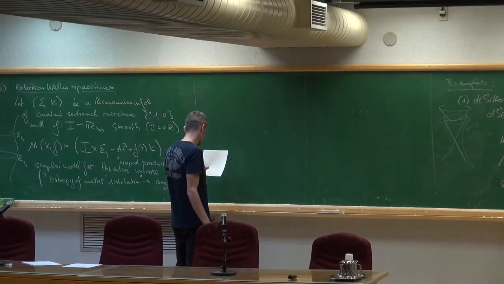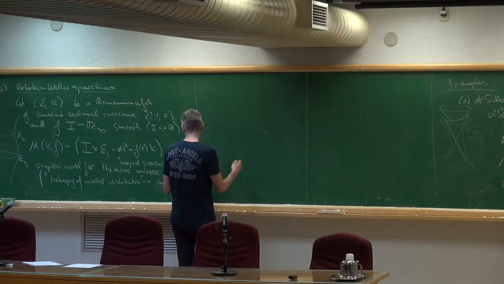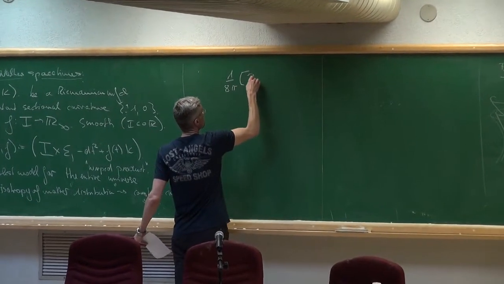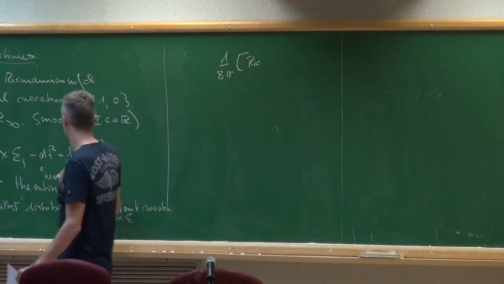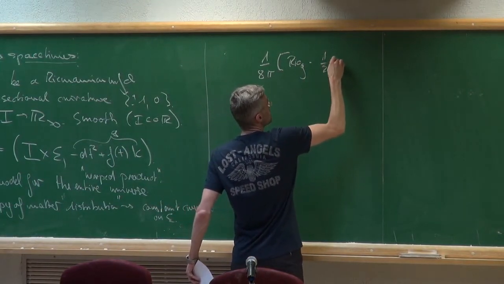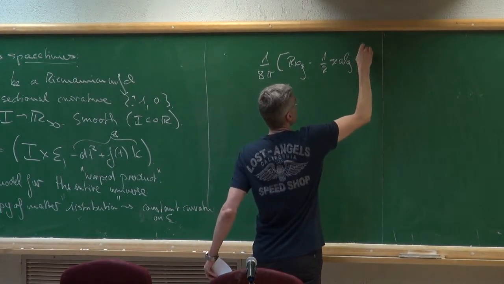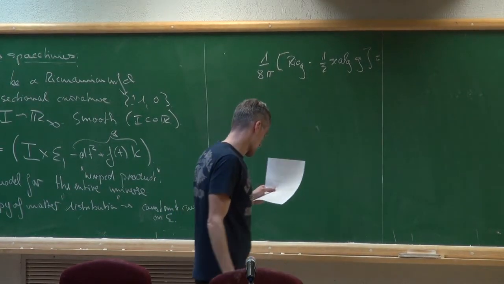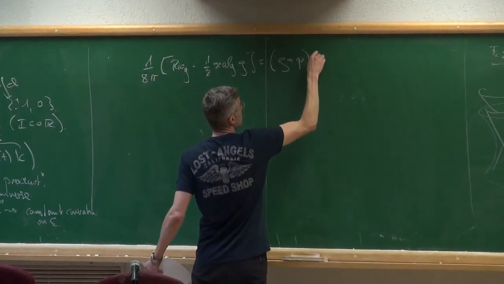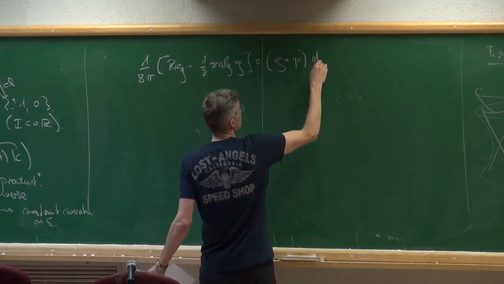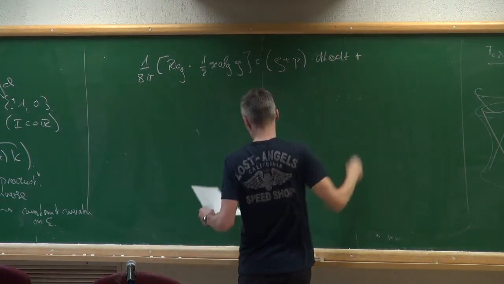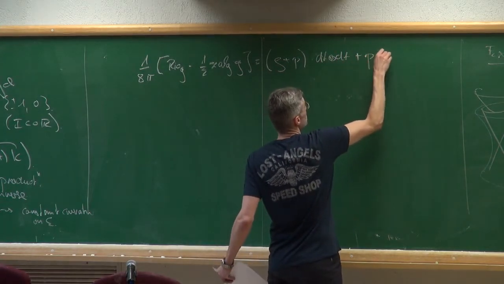So, let me write the Einstein field equation at least down once. The Einstein equations in this case will be 1 over 8 pi, the Ricci curvature of the metric g, minus 1/2 the scalar curvature of g times g, should be (rho plus P) dt tensor dt, plus P times g.